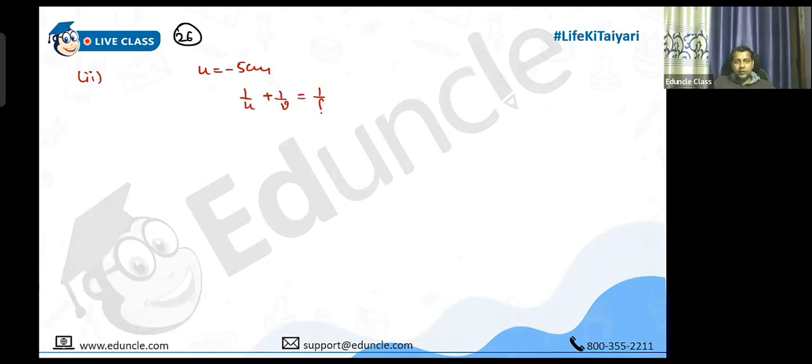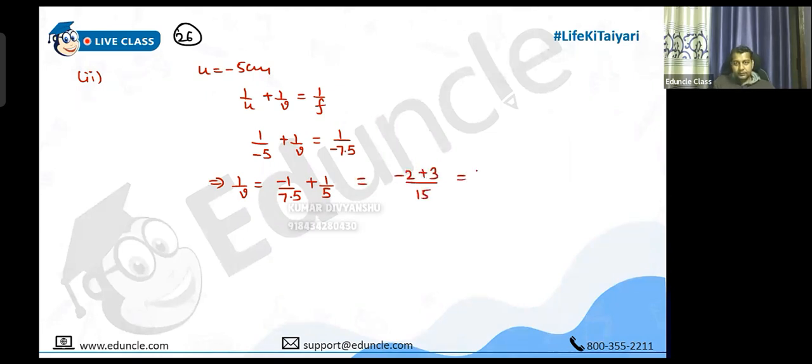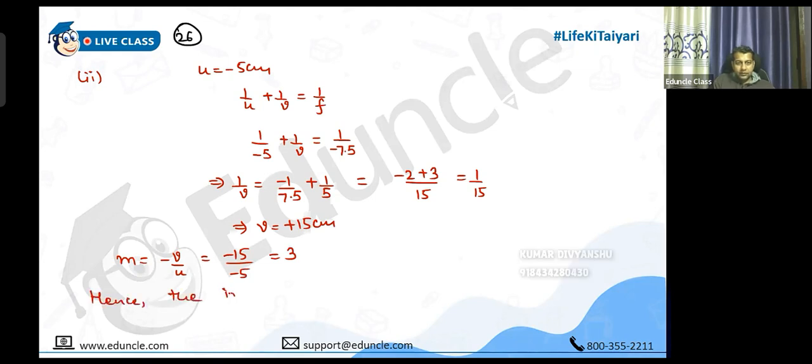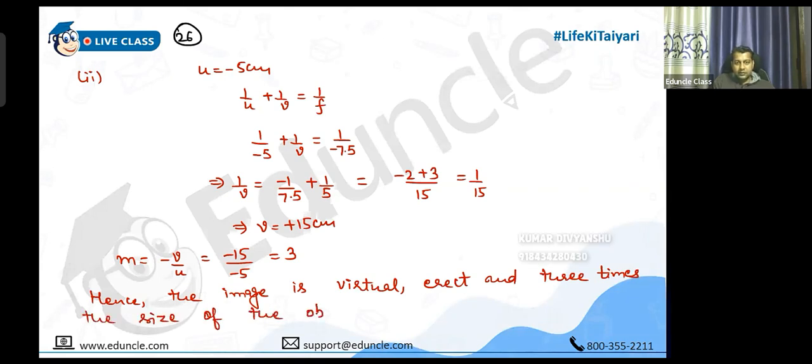So now if I make use of the mirror formula, hence the image is virtual, erect, and 3 times the size of the object. Clear? Please check. Yes, sir.